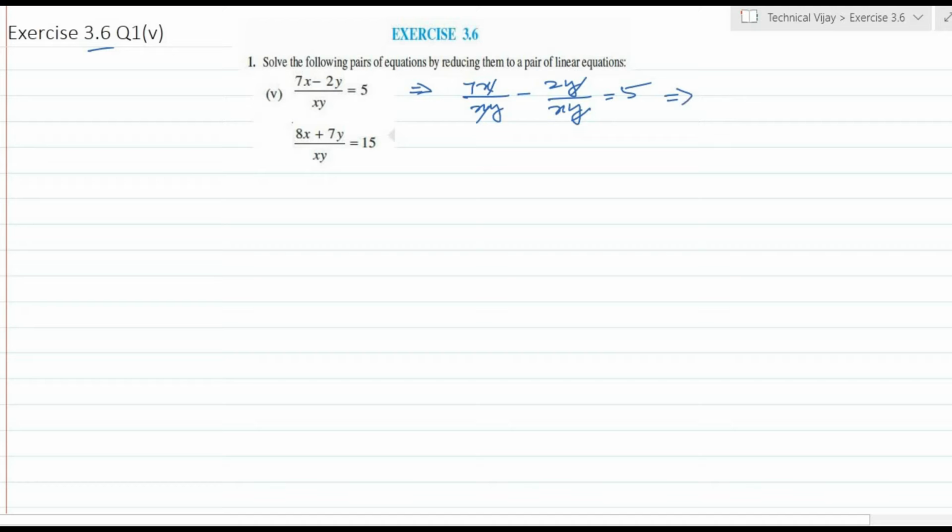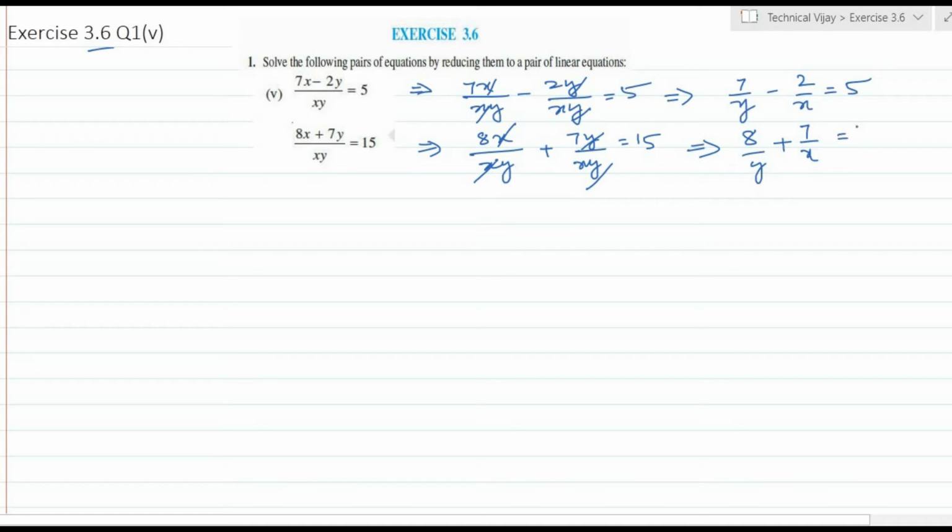So this can be written again as 7 divided by y minus 2 divided by x is equal to 5. Okay, this is one. In the same way, this can be written as 8x divided by xy plus 7y divided by xy is equal to 15. So x gets cancelled, y gets cancelled: 8 by y plus 7 by x is equal to 15.